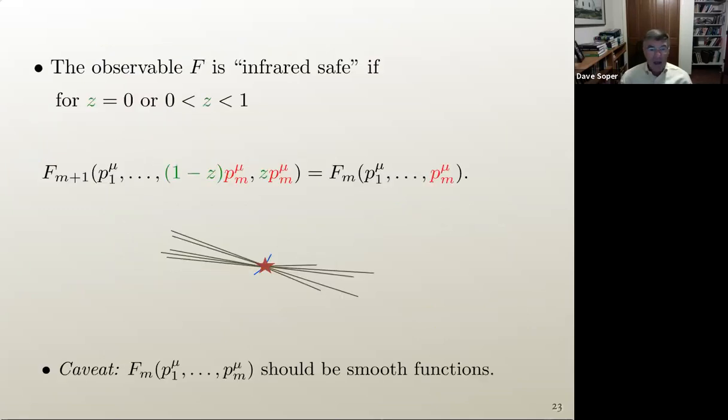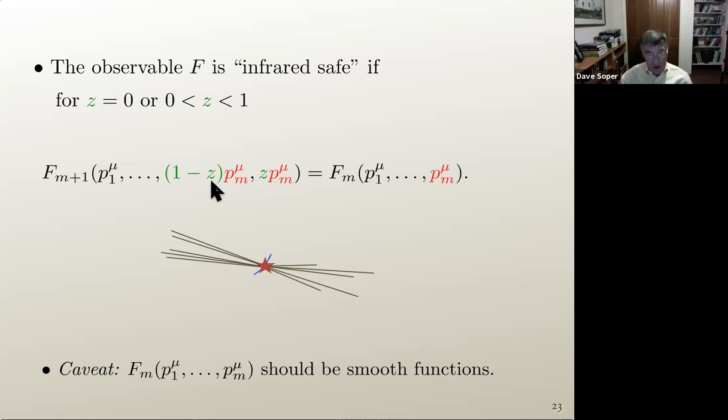And that observable has the property that it's infrared safe. That's a technical definition. If z goes to 0, or z is somewhere between 0 and 1, F for m+1 partons, where the last two partons have momentum 1 minus z times Pm, or z times Pm.